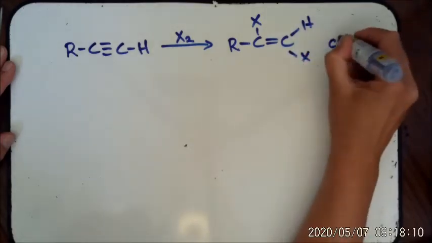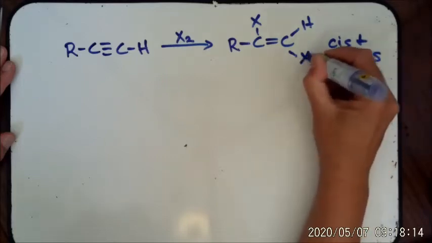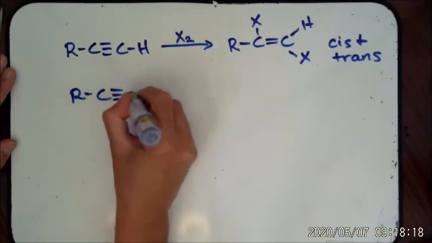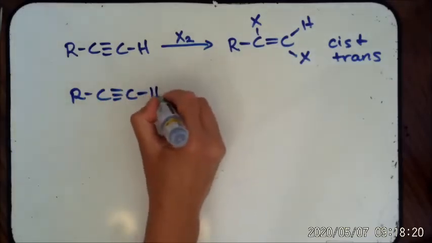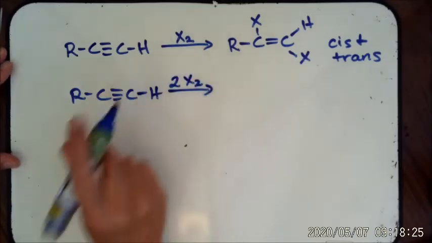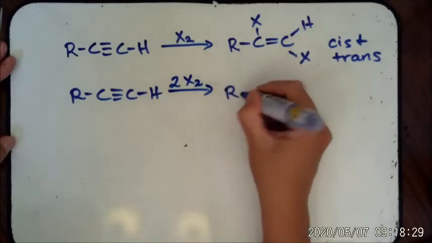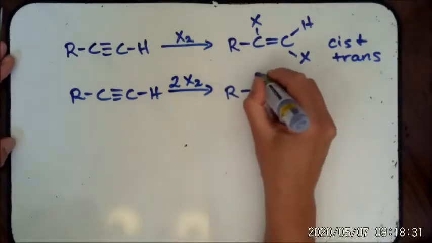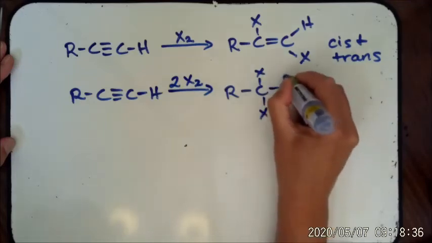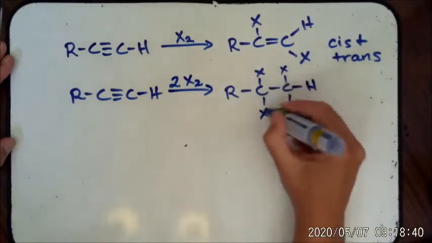And it'll be a mix of cis and trans. Okay? If you have at least two equivalents of your halogen, then you form your tetrahalide.